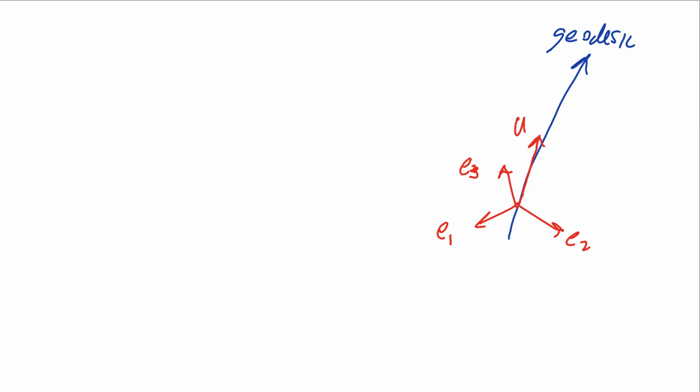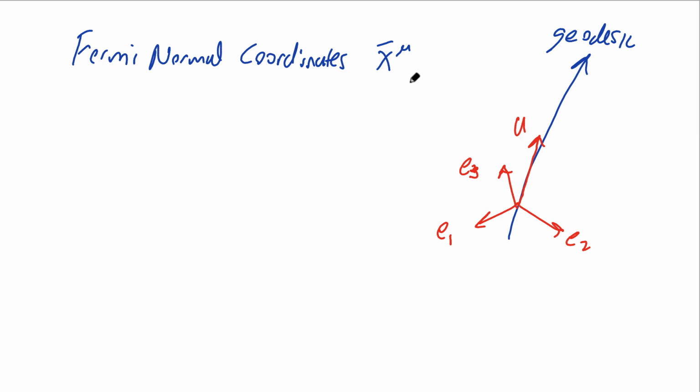the world line. And in those coordinates, let's call the coordinates x bar mu to distinguish them from our generic space-time coordinates, which are just x mu.